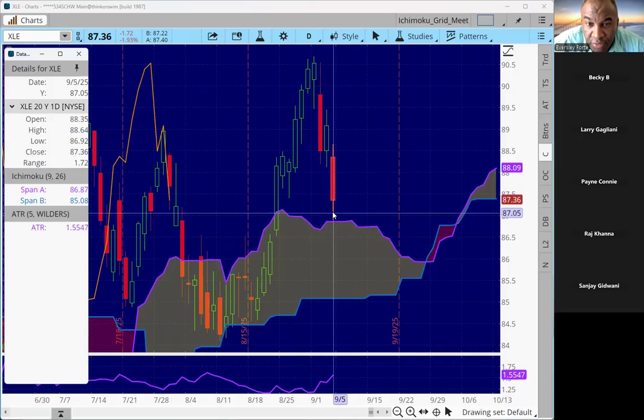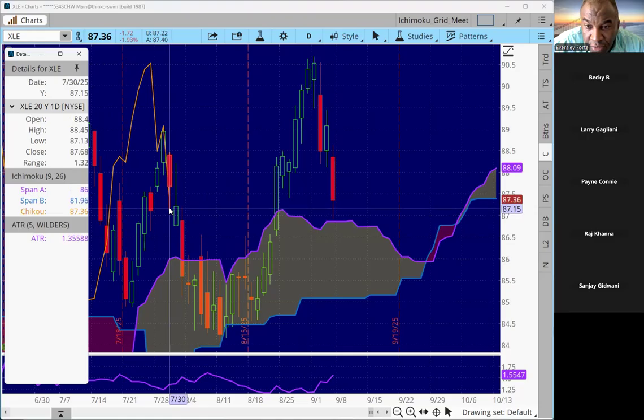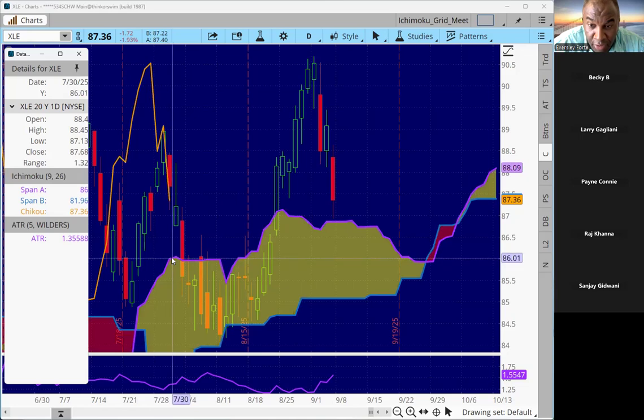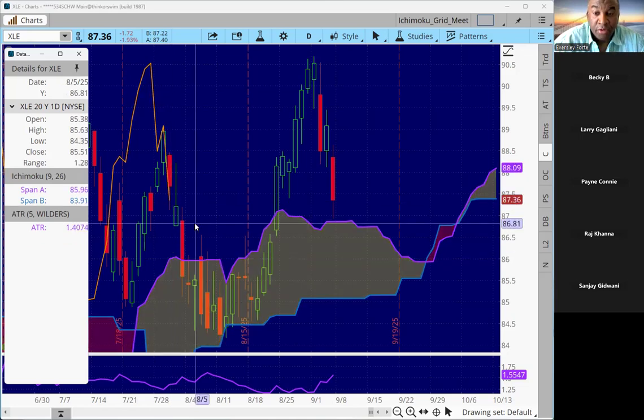So now the closing price again is 87.36, and the closing price of the Chikou 26 days ago is 87.36. Take a look at the data box here. It is above the cloud. Here is the top of the cloud, and this value is above the cloud, okay?